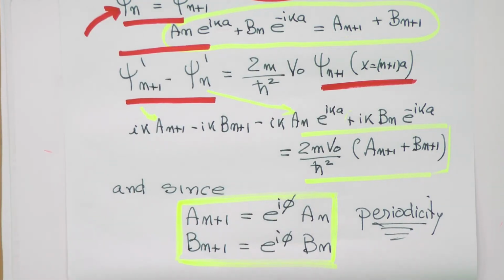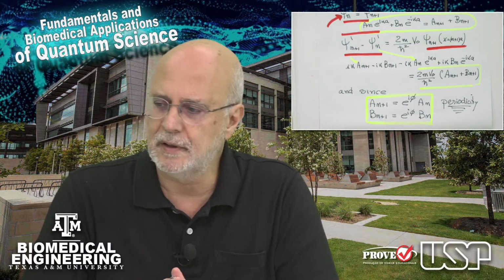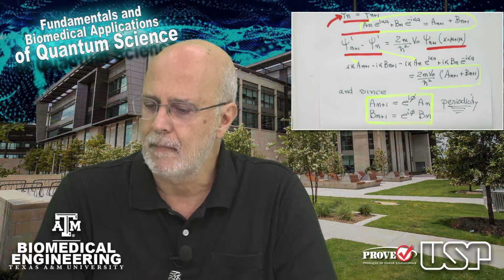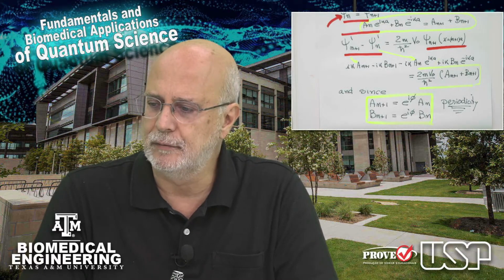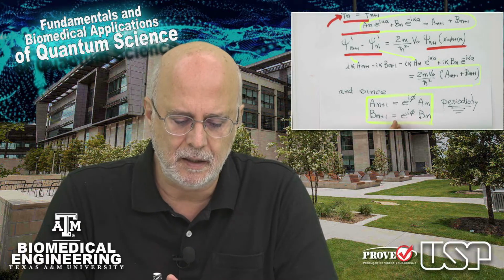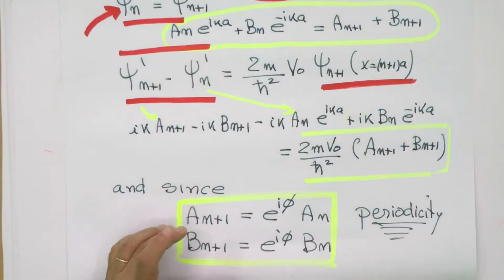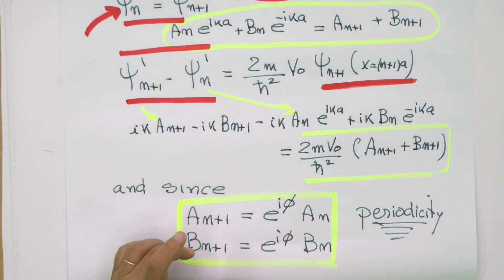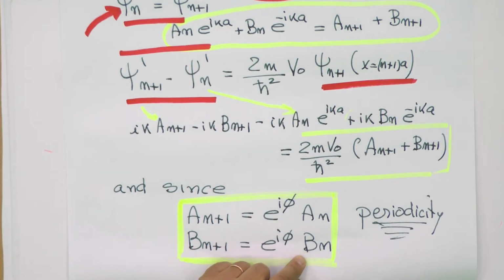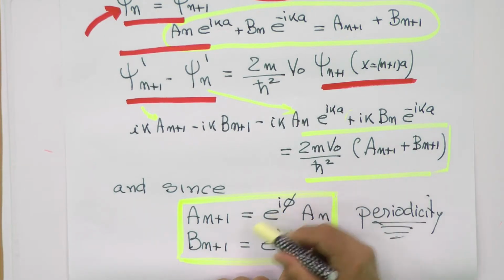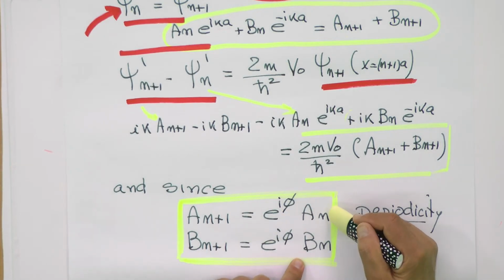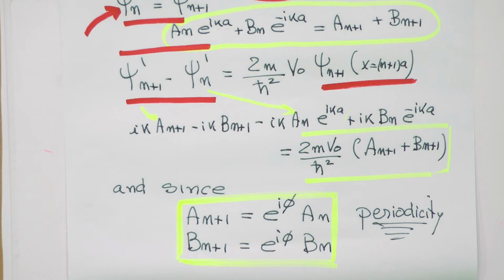That does give two equations, of course, that relate an and bn, because the n plus 1 is related to the n by the phase, by the exponential of i phi.